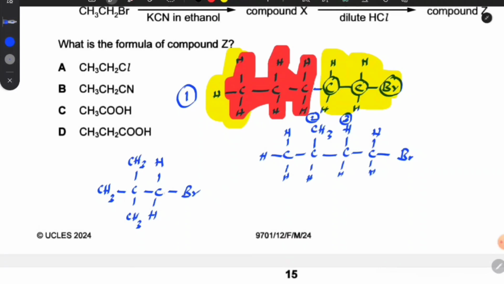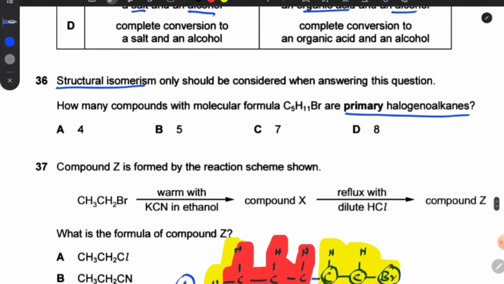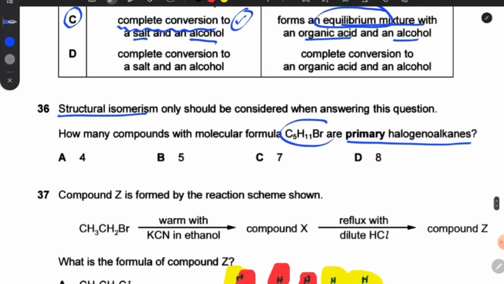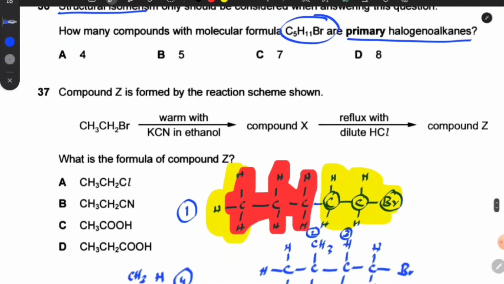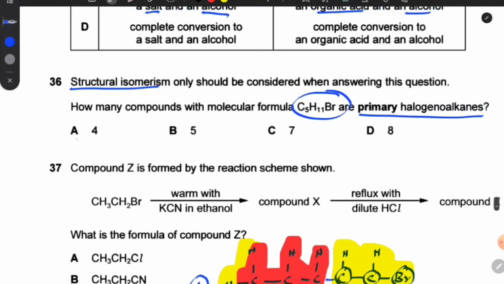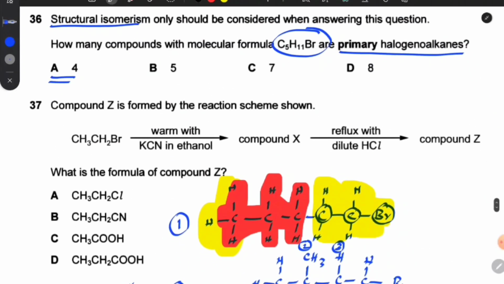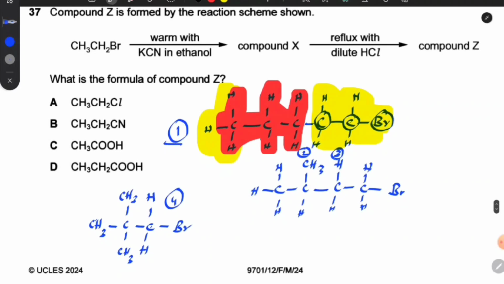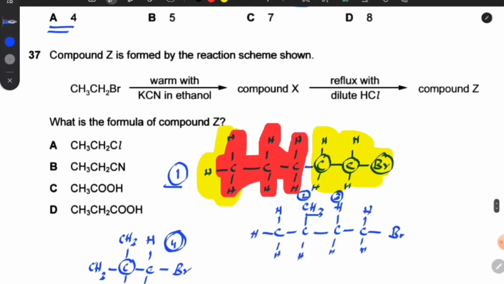So this also has 1, 2, 3, 4, 5 carbons. So these are 4 possible isomers which we can have for this molecular formula. So the answer is A, 4. These are the 4 isomers: 1 straight chain, 2 and 3 where you are just changing the position of the CH3 group, and the 4th one is where you are making this a tertiary carbon.